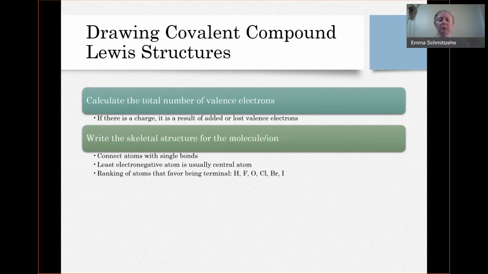And then next up is fluorine. Fluorine's the next thing that's going to be on the outside, and that's because fluorine's the most electronegative atom. And then you have oxygen, chlorine, bromine, and iodine. So that gives you your ranking. If these are the only things in your structure, those have to be on the outside, and in that order.